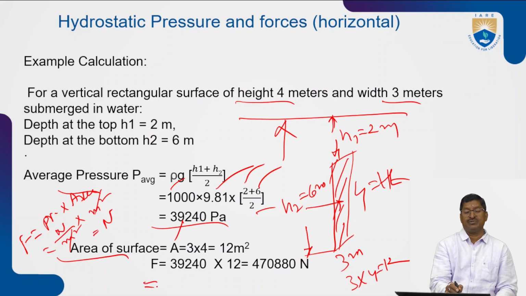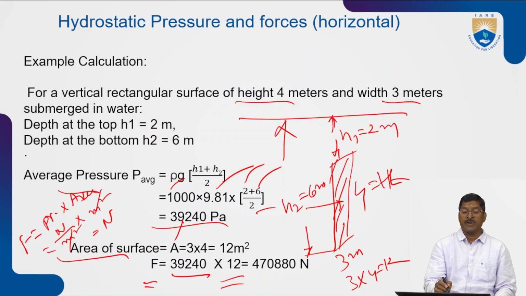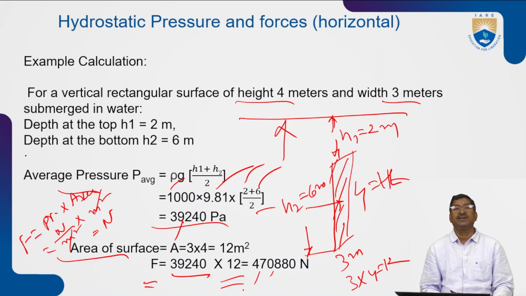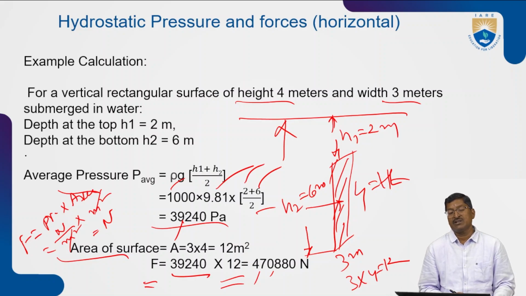So force is equal to the average pressure, 39,240 Newton per meter square, times 12 meter square, the area of the vertical surface. By calculation, you will get 4,70,880 newtons. That much force will act onto the vertical surface.